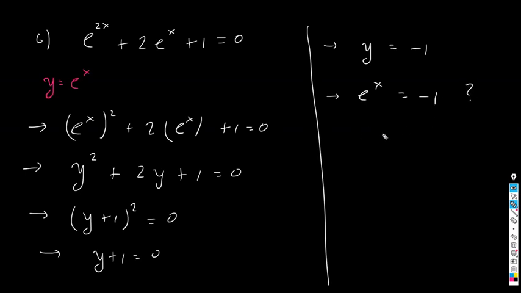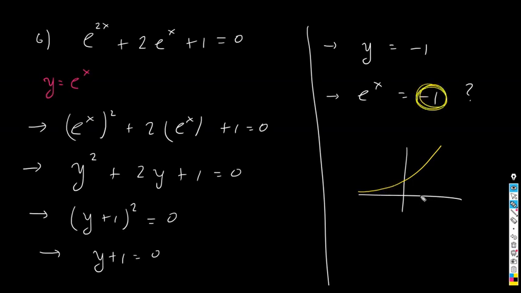So what's going to happen in here? The same thing. There is no number x such that my base e, or any other positive base, raised to that number will be negative. The reason I showed you already: your function e to the x is always above the x-axis. So e to the x will always be positive.